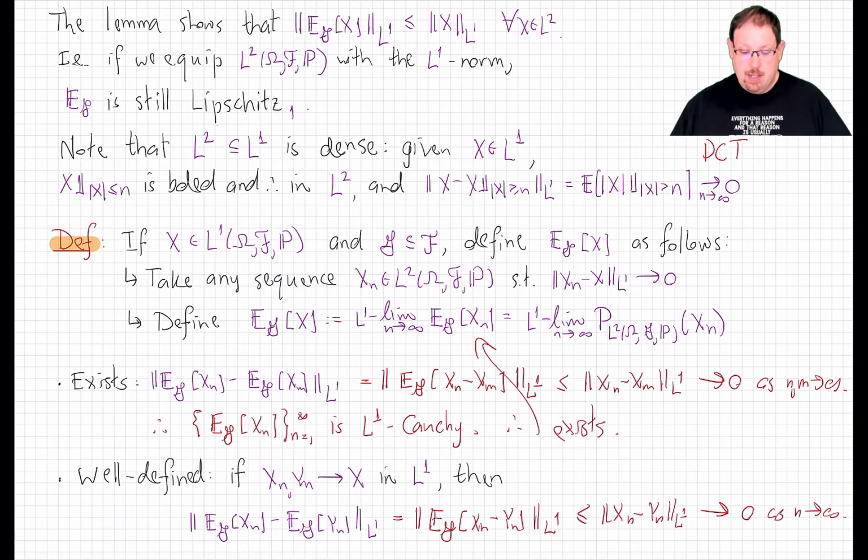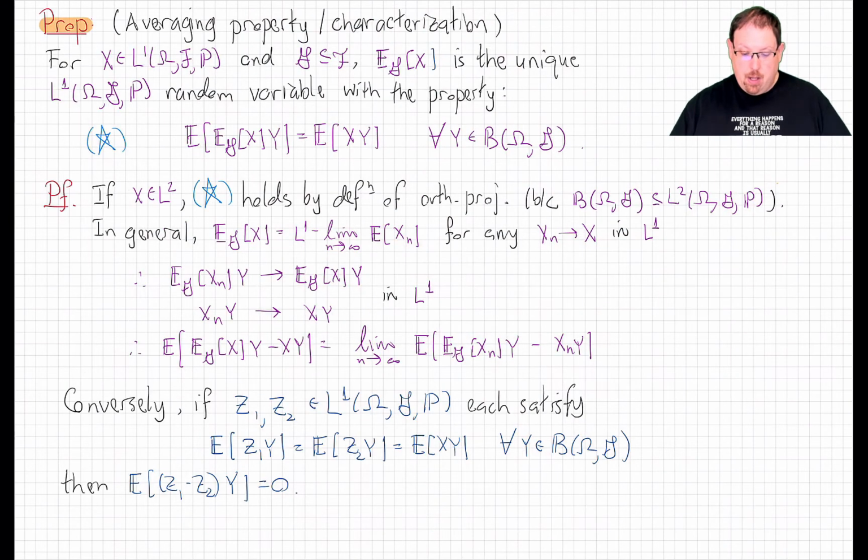The first is the one we've already used in L2 context. It actually holds appropriately generalized to the L1 case as well. And we'll call that the averaging property or averaging characterization of conditional expectation. Given our setup now where x is an L1 random variable, the conditional expectation of x given g can be defined as the unique L1 random variable that is g measurable with the following property.